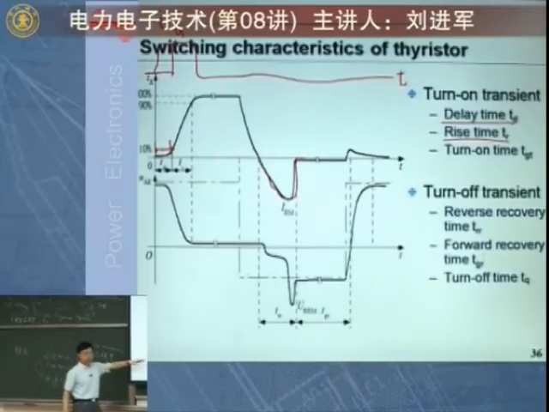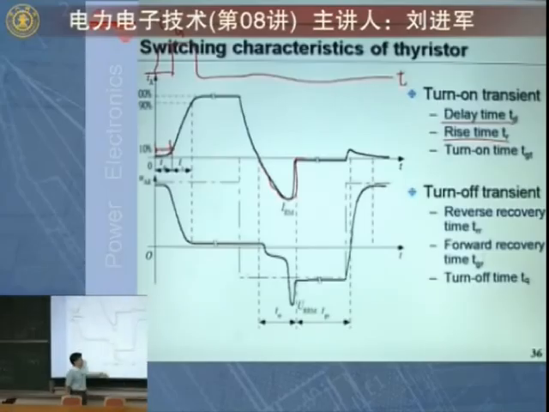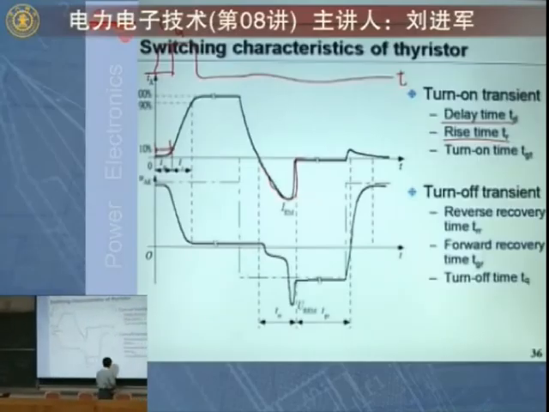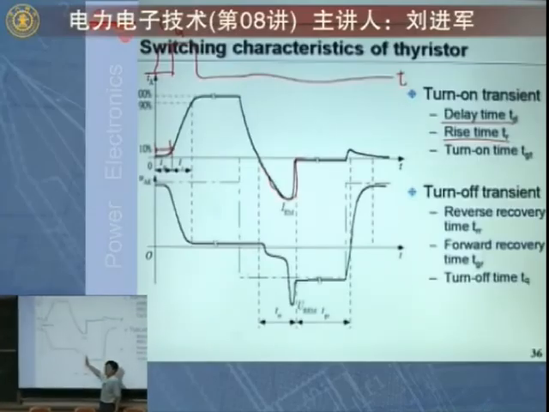That's similar to what happened in the diode. And only in this case, after this point, the thyristor is now blocking reverse voltage. So you can see the reverse voltage now is applied across A and K.